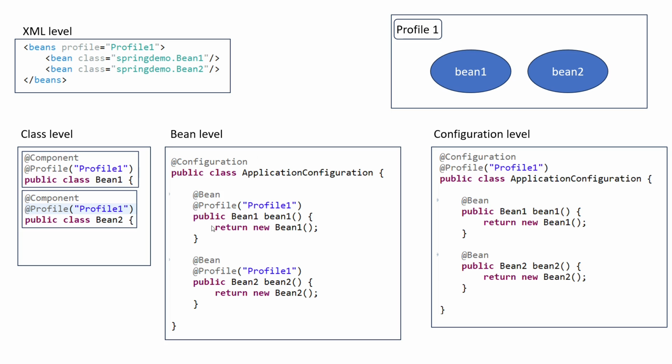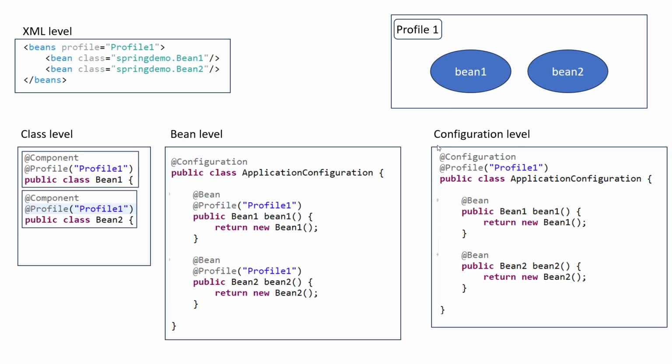Okay. And at the bean level, when we use the configuration class to define our beans, here also at the method level you can use the @Profile annotation. It will create this bean and make it part of profile 1. So bean 2 is also part of profile 1 using the configuration.